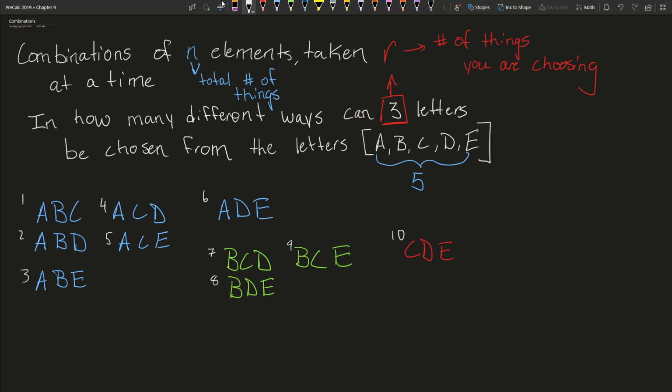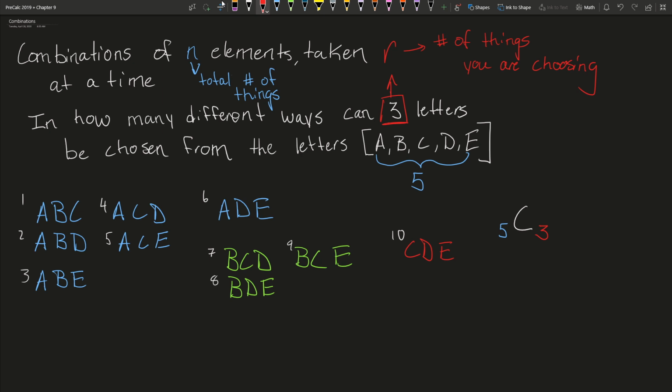Okay, so that's the really hard way to do it, is to just list them. It is possible, but it is a little bit time consuming, especially if you're not used to doing it in a sequence. The other way that we can look at this is using a combination. We have 5 different elements, and we are trying to choose 3 of them.